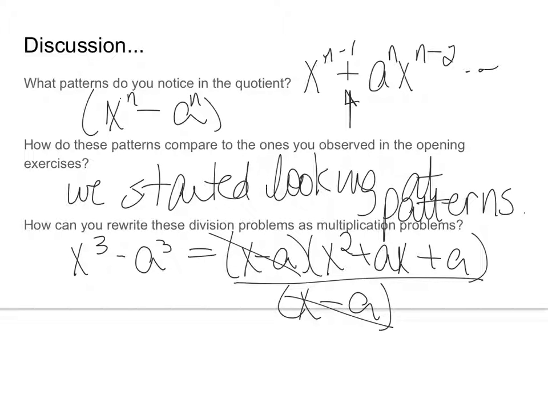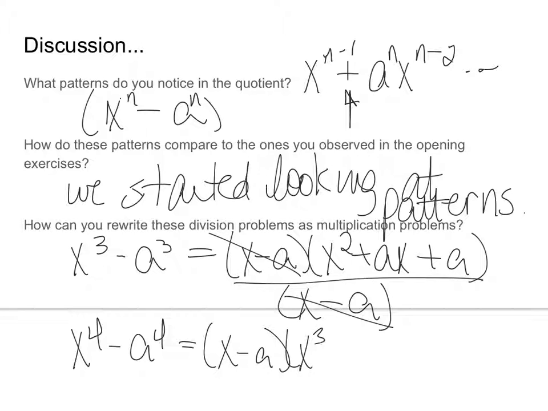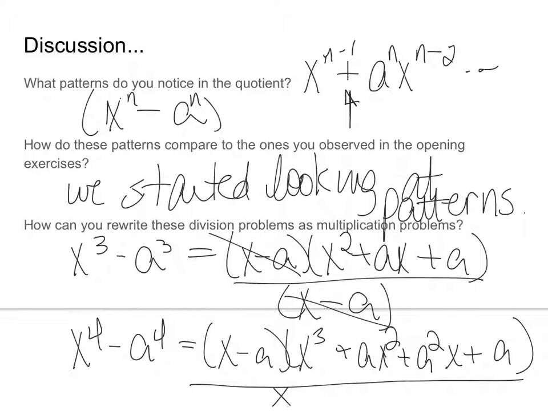Makes sense? We're just making our life a little bit easier. To give you another example, if I had x to the 4th power minus a to the 4th, that would give me x minus a times x cubed plus ax squared plus a squared x plus a cubed. And what we've been doing is dividing by this, which gets rid of those.